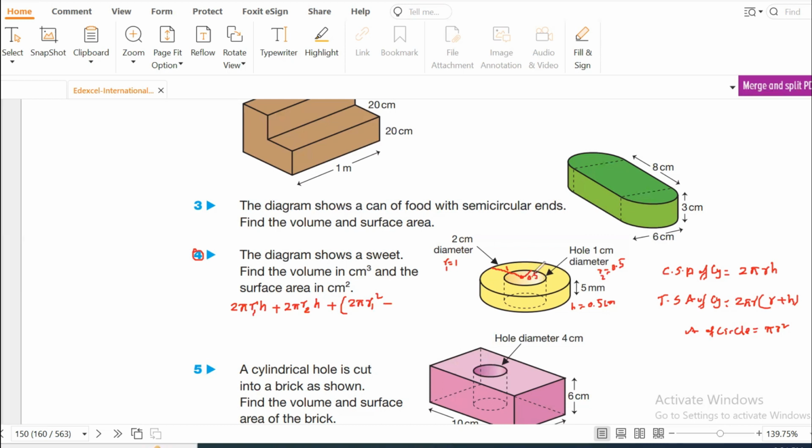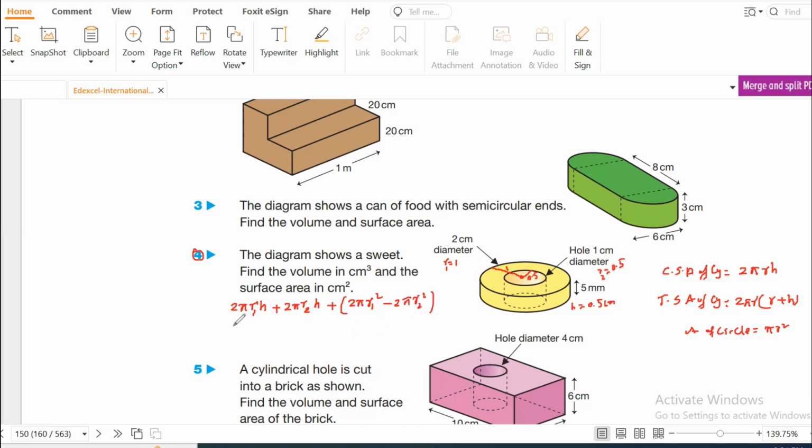Because we are trying to cut, we are trying to minus the piece which is inside, like the whole. So 2 pi r2 square.